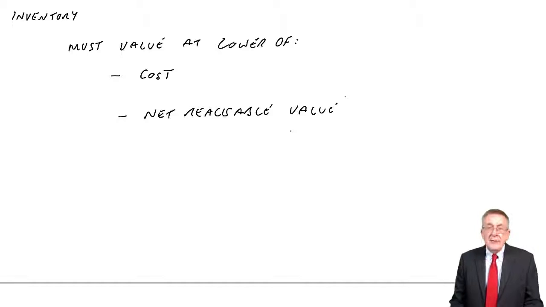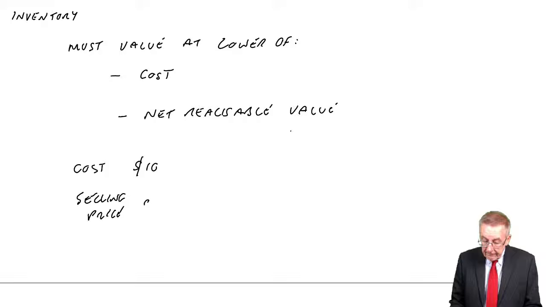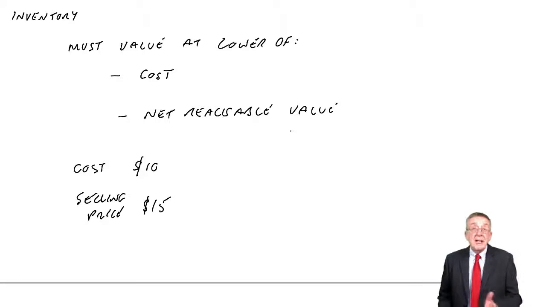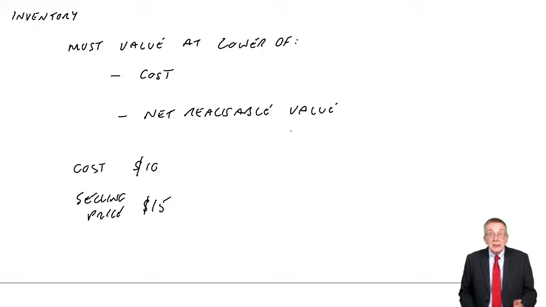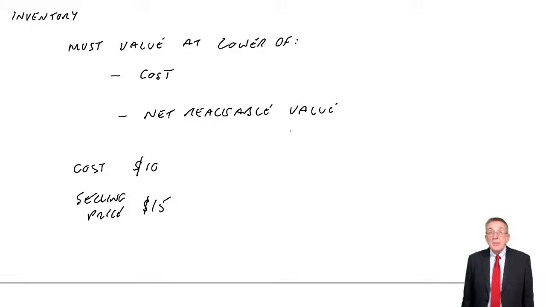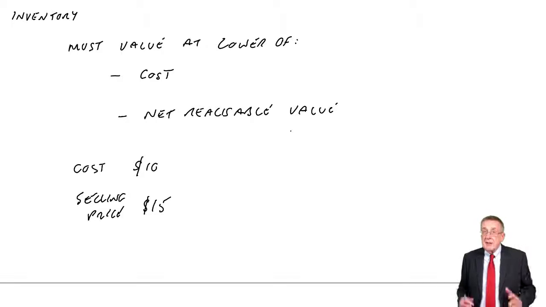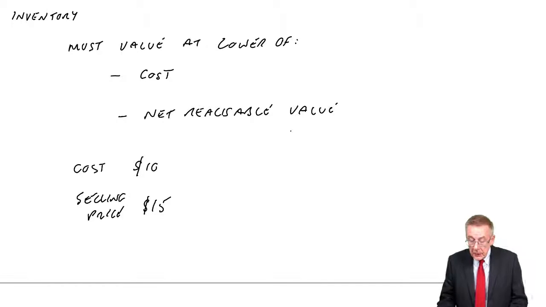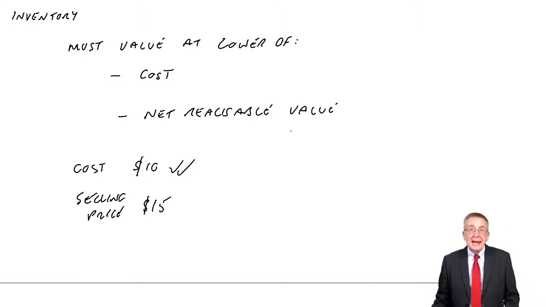So if I buy and sell desks, if they cost me $10 and I intend to sell them at 15, appreciate I haven't sold them yet, they're in inventory, but I've paid 10 and I'm going to sell them for 15. Well, you must value at the lower of the 2, you must value them at 10.